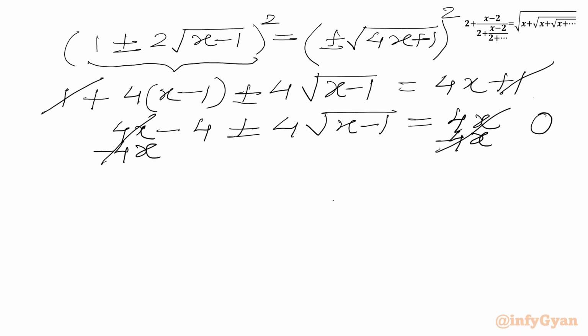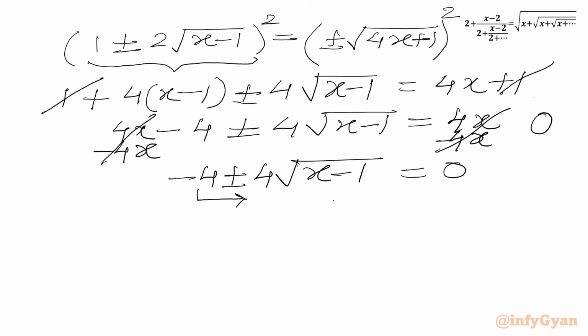So we will write minus 4 plus minus 4 times square root of x minus 1 in LHS and 0 in the RHS. Now we will take minus 4 to the RHS. So we can write plus minus 4 times square root x minus 1 equal to 4.